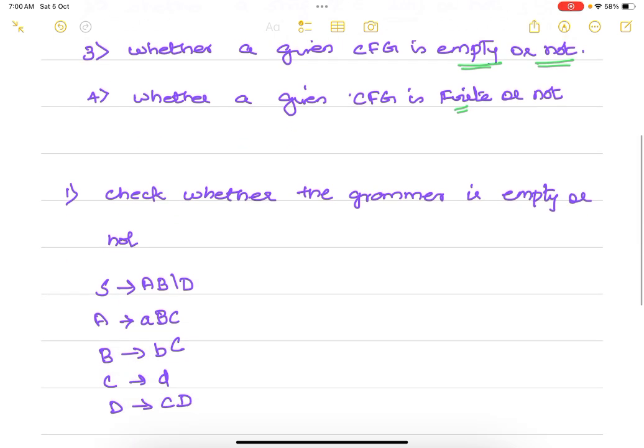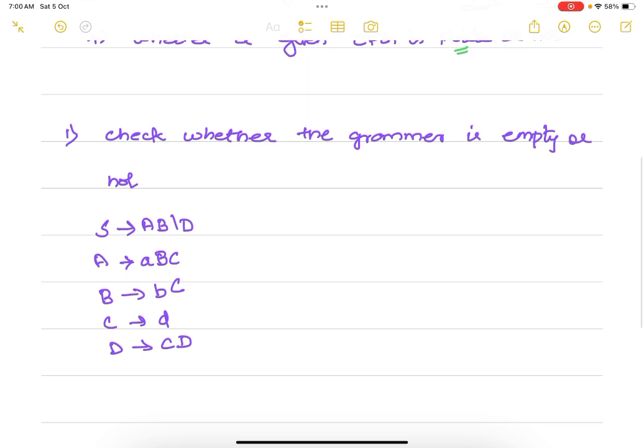Now here I have taken one example. Check whether the grammar is empty or not. We have been given a grammar, and we have to check whether it is empty. From the start symbol, if you are able to derive a terminal symbol, then this is not going to be empty. Here we have a set of 5 productions, out of which C is already generating a terminal symbol.